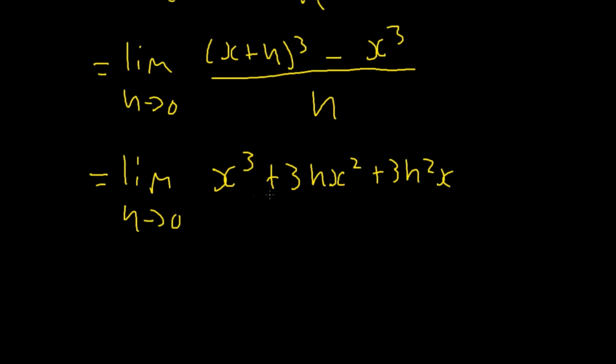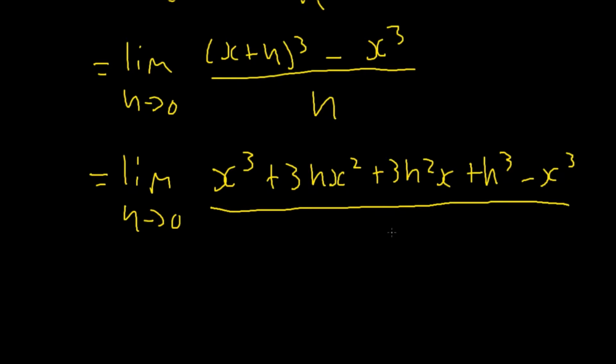I might do a video on quick expansions for polynomials like this, but for now, you can take my word on it, or you can pause the video and figure it out for yourself by doing the actual multiplication. But anyway, I'll leave it like this. So now we have this whole expanded term right here, and what you notice is that the leading x cubed and the subtracted x cubed can cancel out.